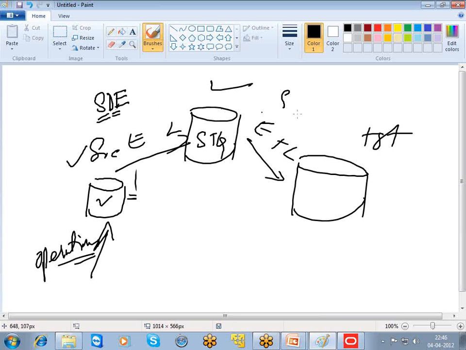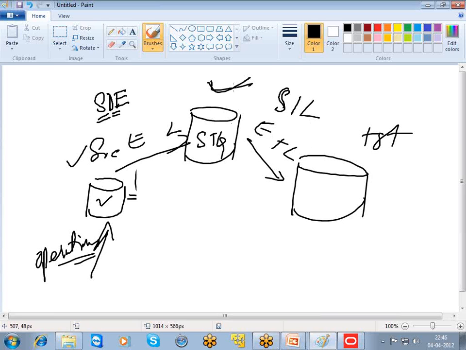From staging, it becomes source independent loading. To load the data to the warehouse, I don't require the source because I have everything in staging. I engage staging, not the source.